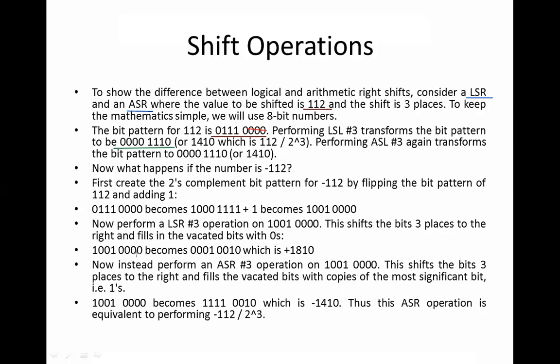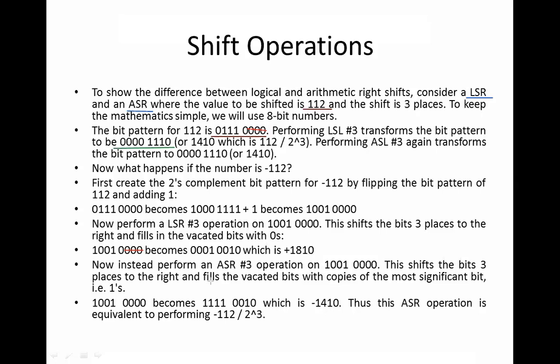I have these zeros which are left out, which are gone, and the remaining ones are filled with zeros. If I take an equivalent of this, it is going to give me a positive value, plus 18.